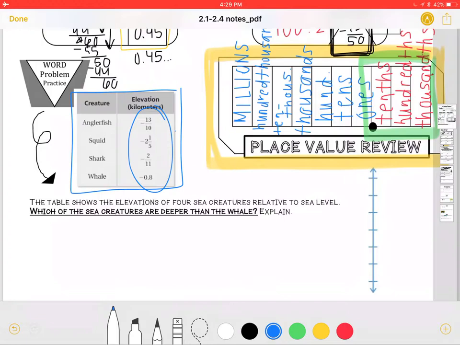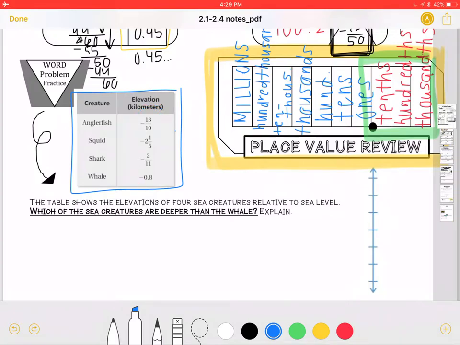You can change them to whatever you would like, but if you change them all to a fraction, in order to compare and order them, they would all have to be converted to have the same denominator. Also notice that these are all negatives, meaning we're below water. They're all sea creatures, they're underwater, and sea level is 0.